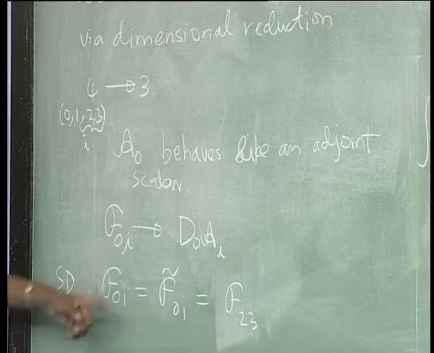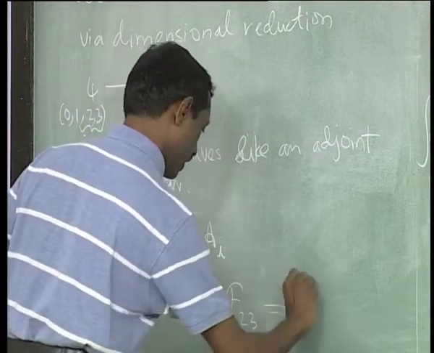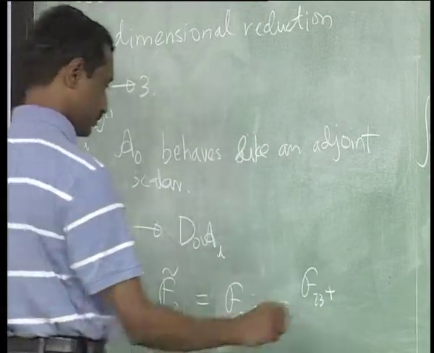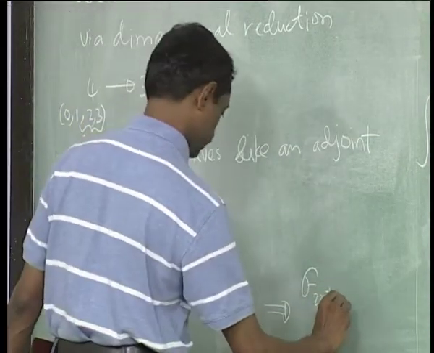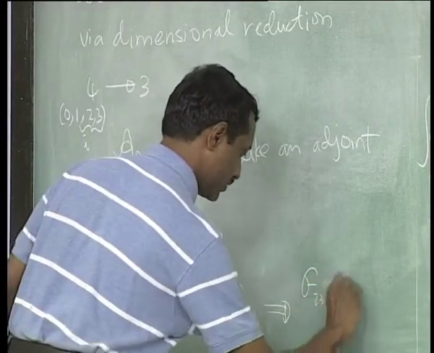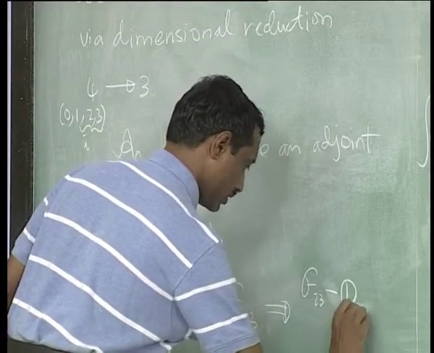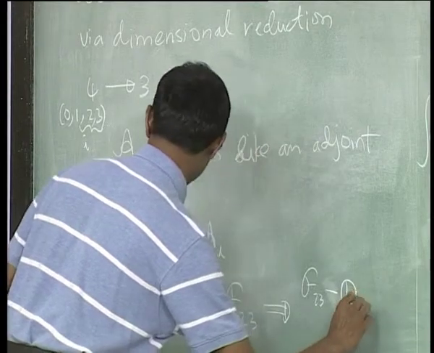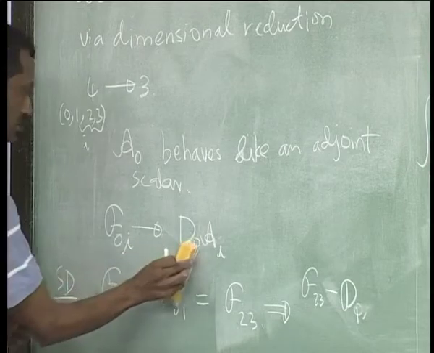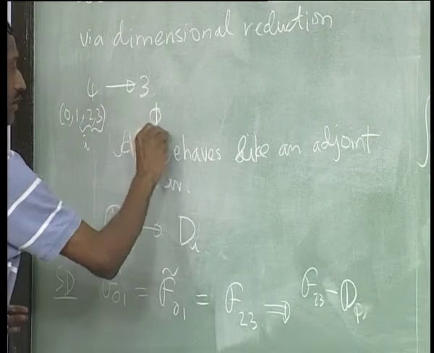Okay. But what is F01? It is this thing. So, this equation just becomes F23 plus or minus D1 of A0, which we will call a scalar phi.